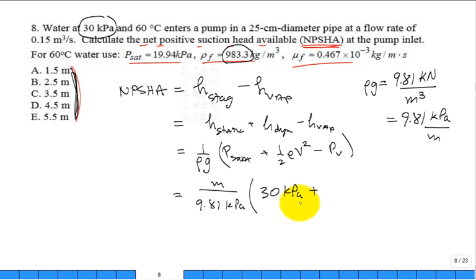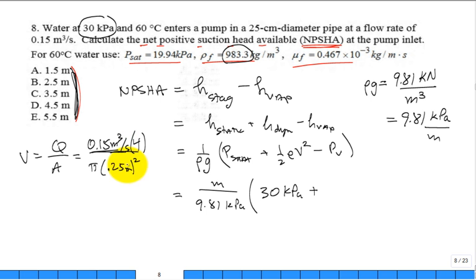Well, we have to do a little doodling on the side to get the V. So V is equal to Q divided by the area: 0.15 meter cubed per second divided by pi d squared, 0.25 meters squared, over 4.